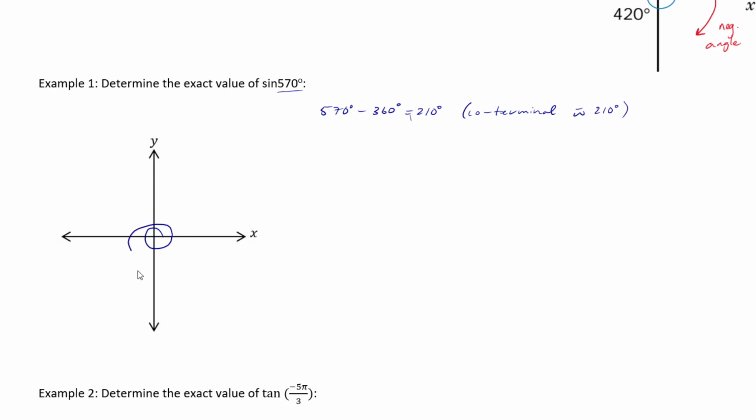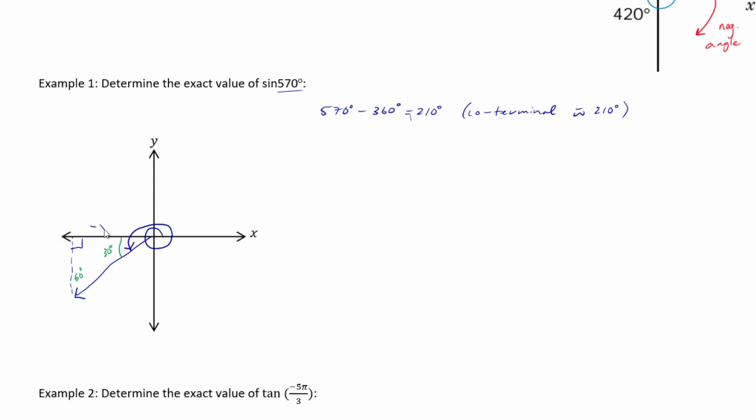So I will end up right here. That's where my terminal arm will be. It's going to be in the third quadrant, okay? And then my related acute angle is going to be 30 degrees right here, which means that this angle right there is 60 degrees, and that produces a 30, 60, 90 special triangle.